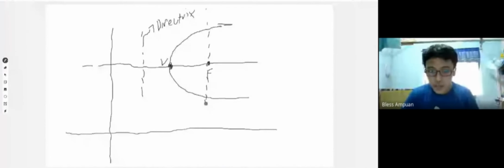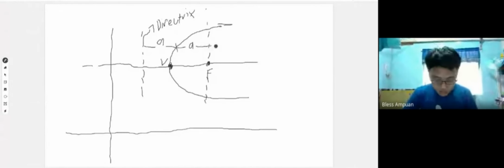This is our focus. This is A. This is a point on our parabola, on the curve. And this length is what we call 4A, or the latus rectum.